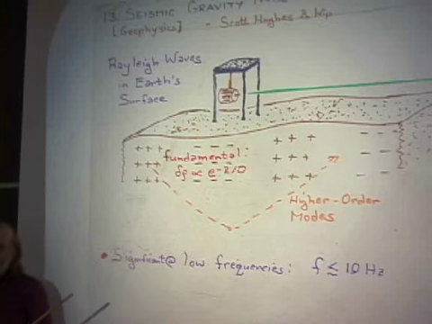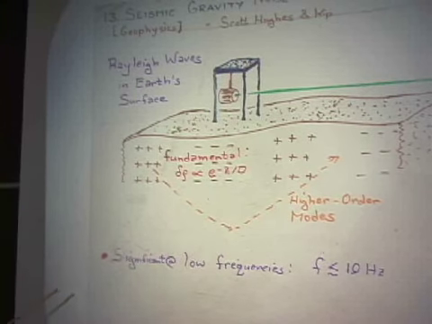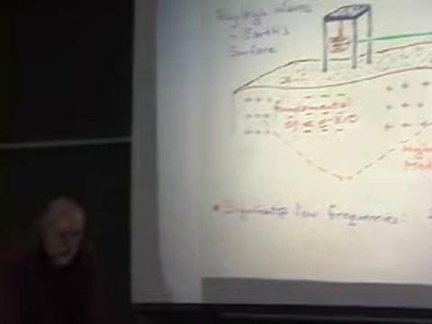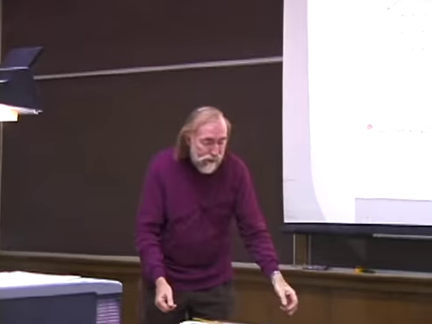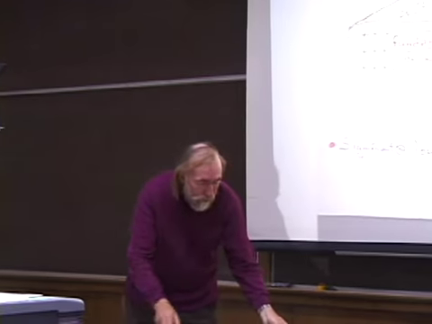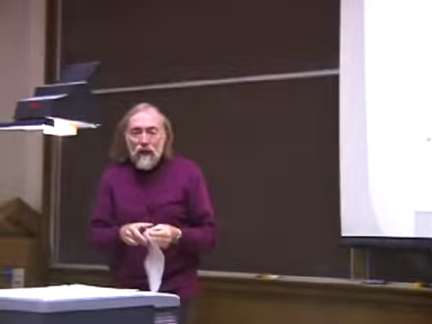The test mass is pushed back and forth as the wave goes by. This noise source turns out to be quite significant at frequencies below about 10, maybe in advanced interferometers even 20 hertz. Let me say just a little bit more about it to give you a feeling for what's involved.